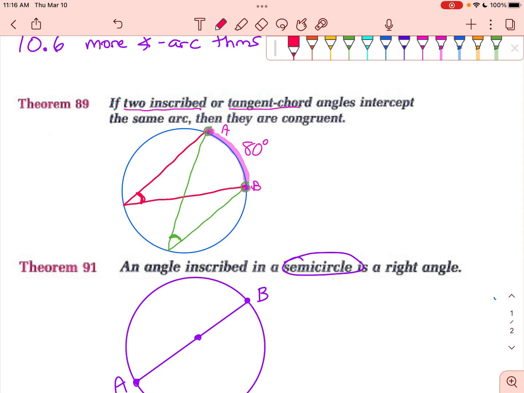Okay, so again, if two inscribed or tangent chord angles intercept the same arc, those two angles have to be congruent to each other.